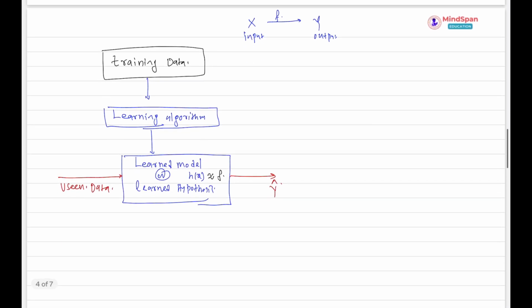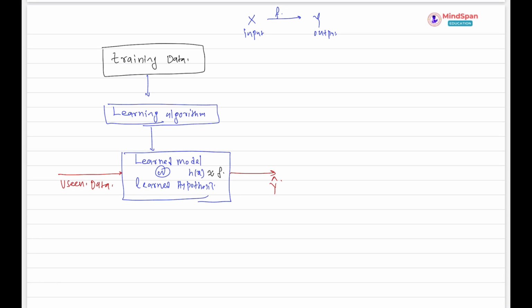We have also seen that in the supervised learning setting, this is the big picture, the flow diagram at a high level that we are going to follow. We will have the training data, n number of training examples.